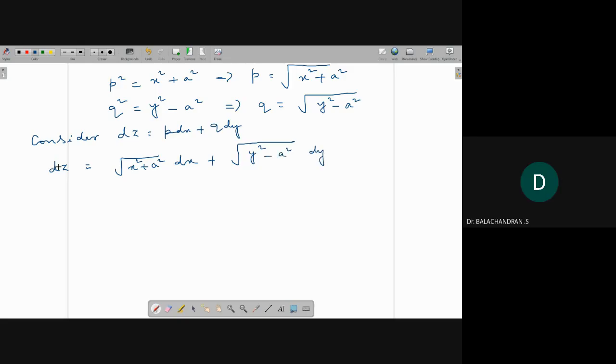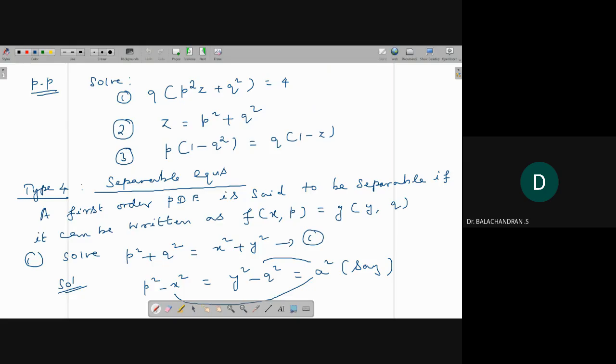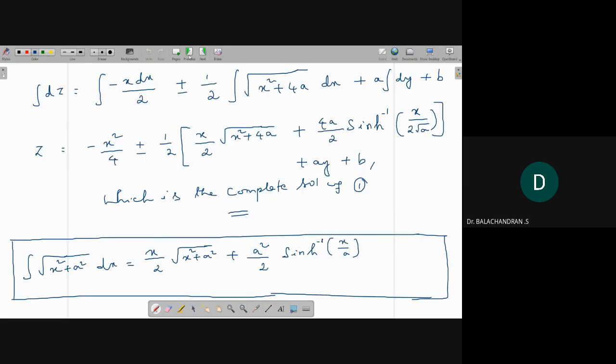Now we need to integrate. If you integrate, we'll get z equal to, so I gave the formula already. Integration of root of x square plus a square, I gave the formula here.